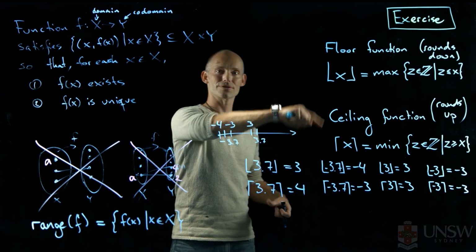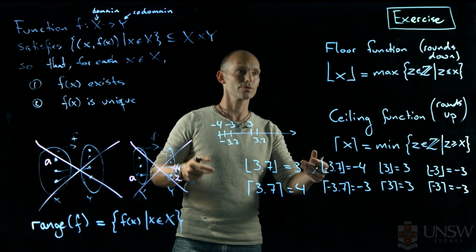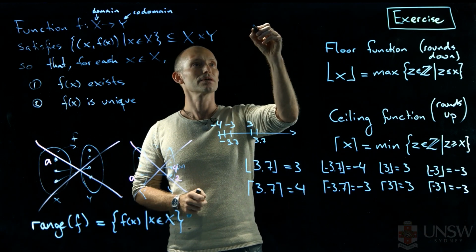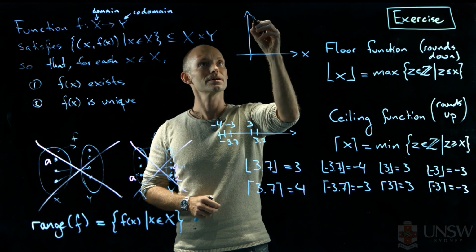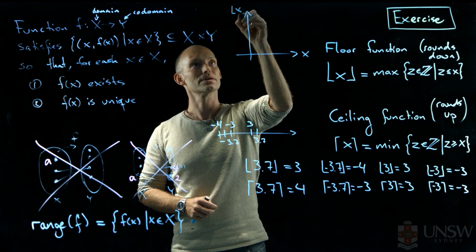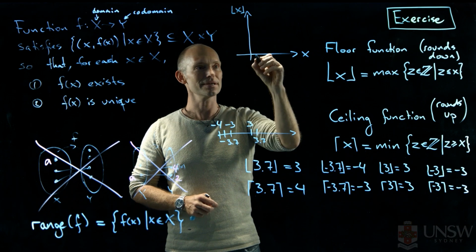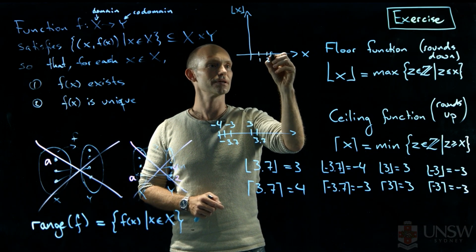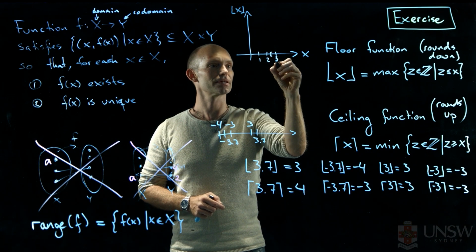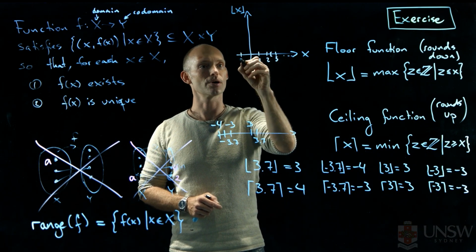Now, let's also draw these in terms of graphs. What do they look like? Well, the floor function would look like this. So we have our x's there and our function, the floor of x there. So if we have 1, 2 and 3 and so forth, and we have -1.